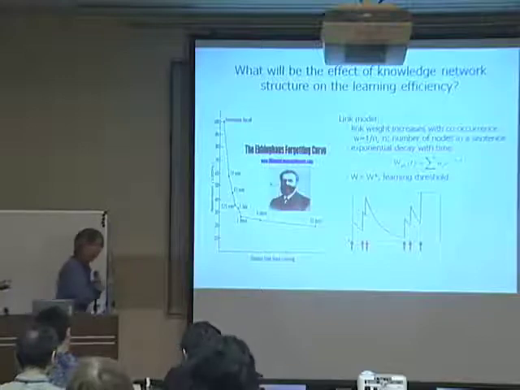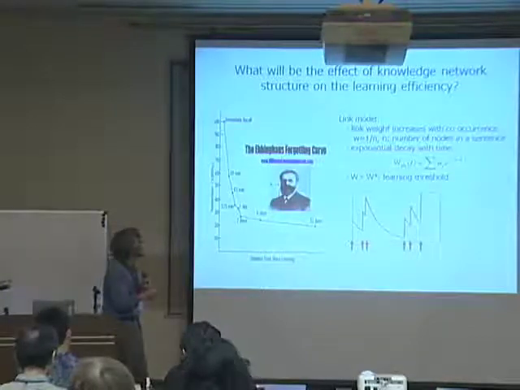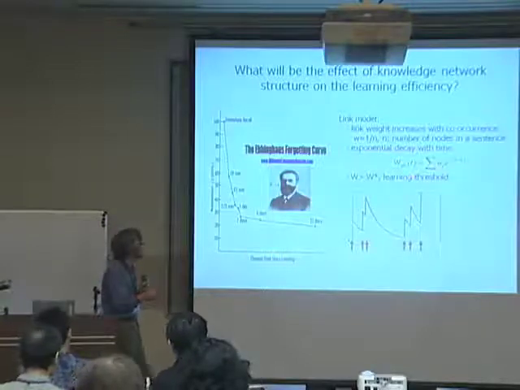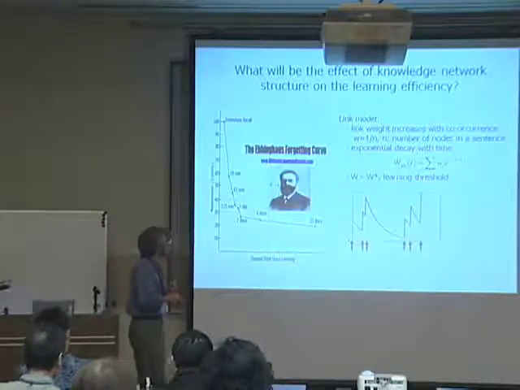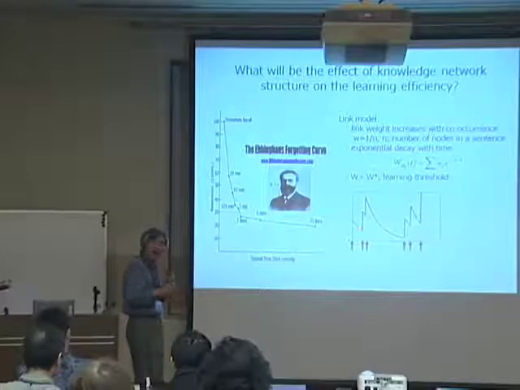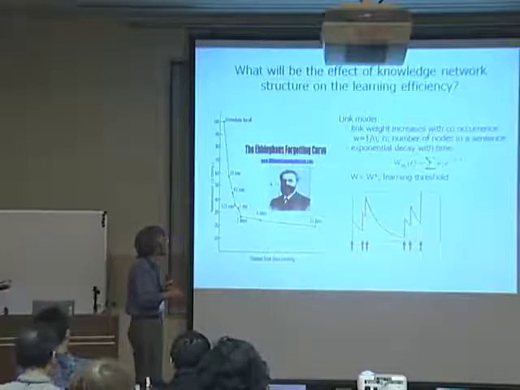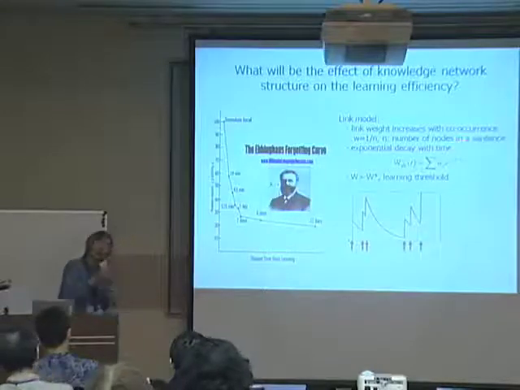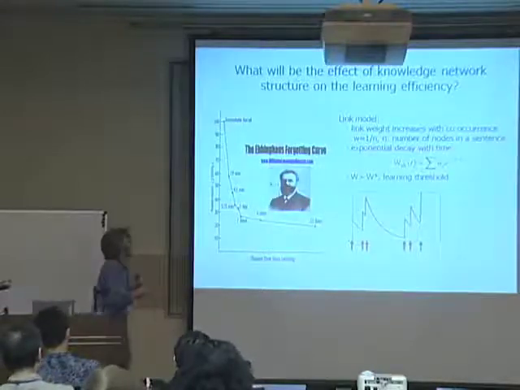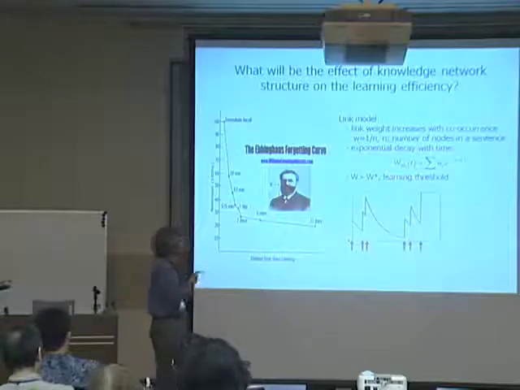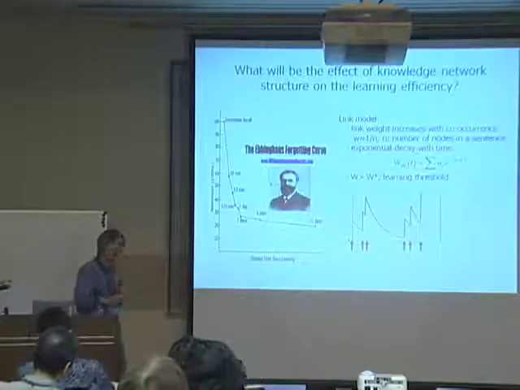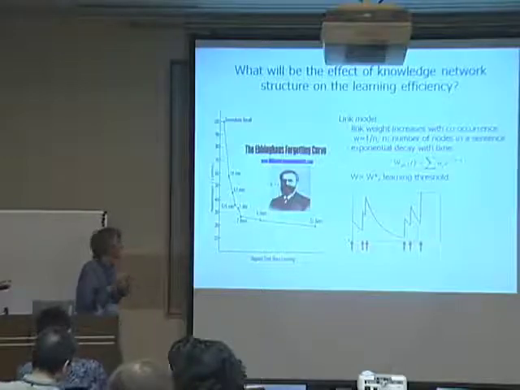So we adopt this model for the weight of a link. The link weight increases with the introduction of a pair, then it decays exponentially. This will be accumulated with time. When the accumulated weight crosses a threshold value, we assume that this is learned.